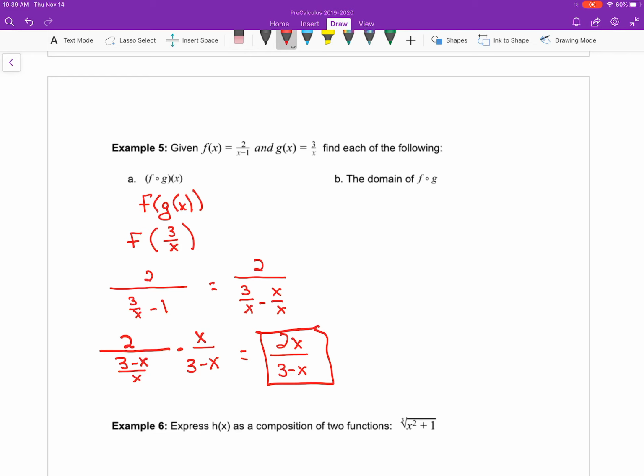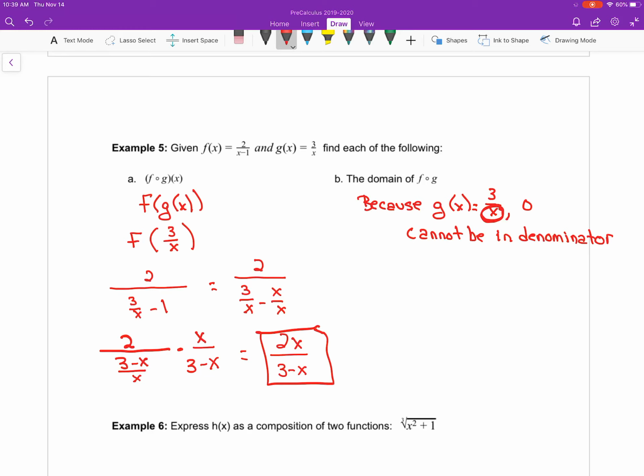And now what we need to look at is what is the domain. The first thing that we need to know is because g of x equals 3 over x, 0 cannot be in the denominator, because we can't have anything divided by 0. So 0 can't be in the denominator.